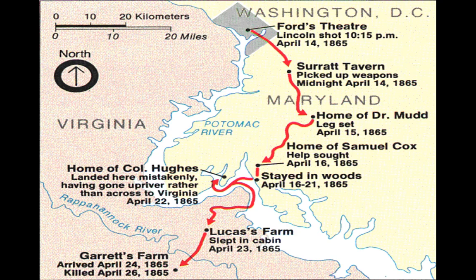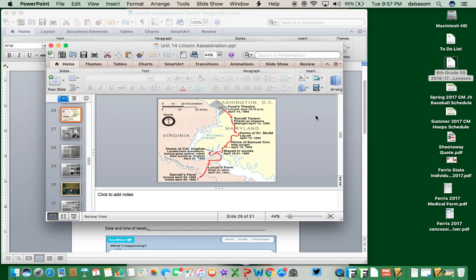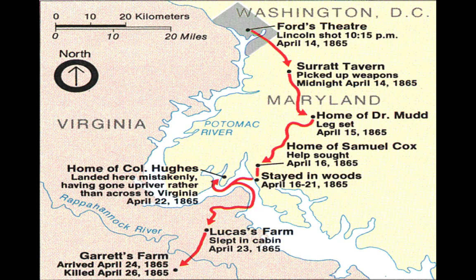This gives you a timeline, and this might be a really good slide for you to take a look at as you get to writing. This is slide number 26, so it might be easier for you to look at it there. But it gives you an idea of the path that John Wilkes Booth took after he assassinated Lincoln.